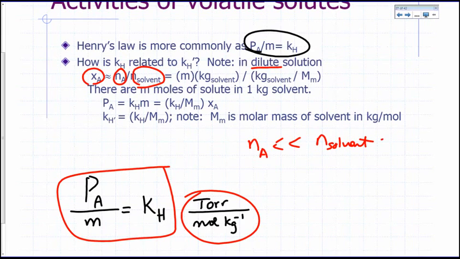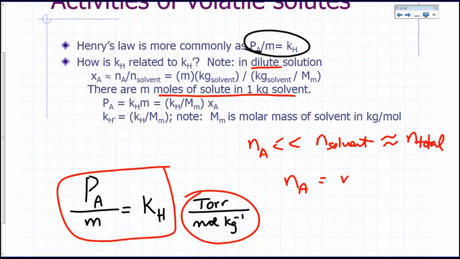So in other words, your number of moles of solvent will just be approximately the total number of moles. If that's the case, then you can relate that to the molality. If you remember, molality means moles of solute per kilogram of solvent. So in this particular case, moles of solute would be the molality, times however many kilograms of solvent I have.